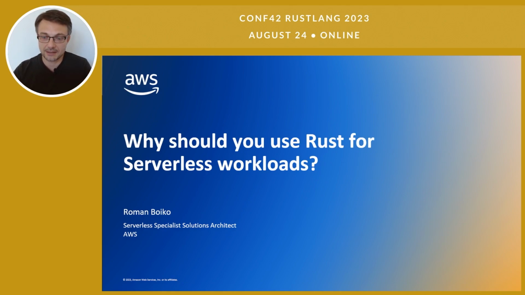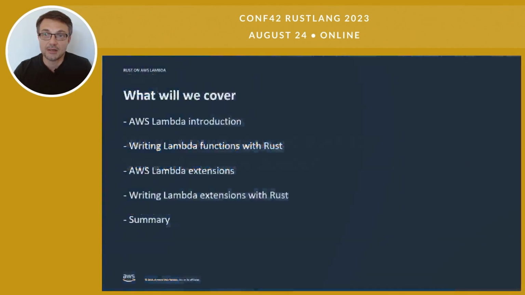So let's get started and look at today's agenda. First of all, I will remind you a little bit about lambda, what it does and how it runs your code, and give a short overview. And then we will look at how you can kickstart your new project and create your lambda functions and what tools and options are there.